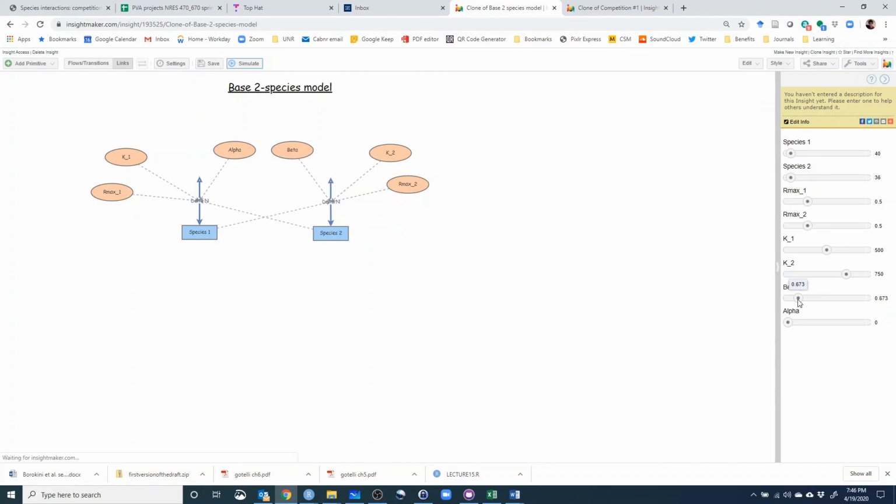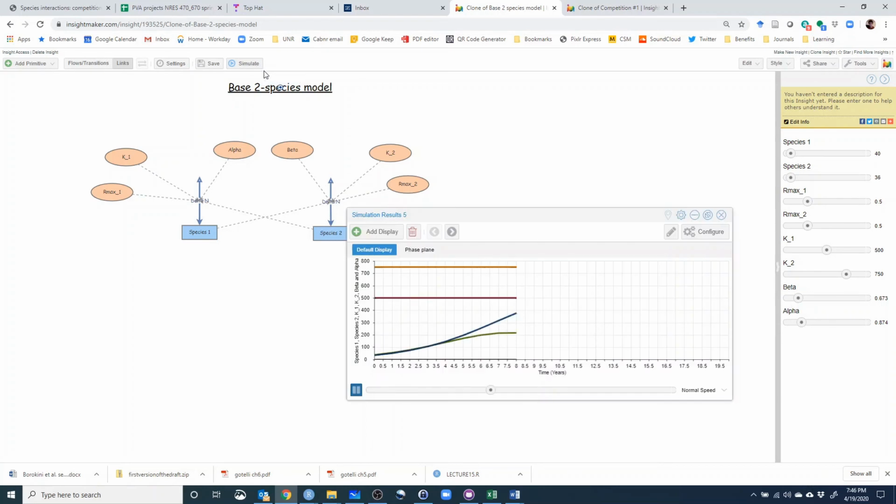I'll just pick some random alpha and beta values and run the model. Oh, one species is outcompeting the other. In fact, species 2 is outcompeting species 1 in this case, right? So in this case, species 2 is a better competitor than species 1.